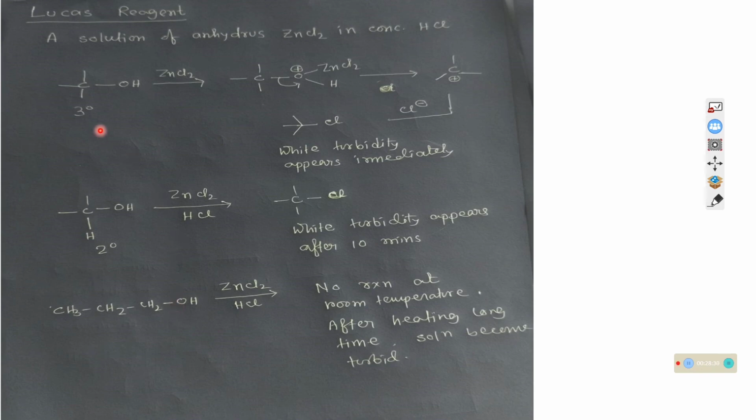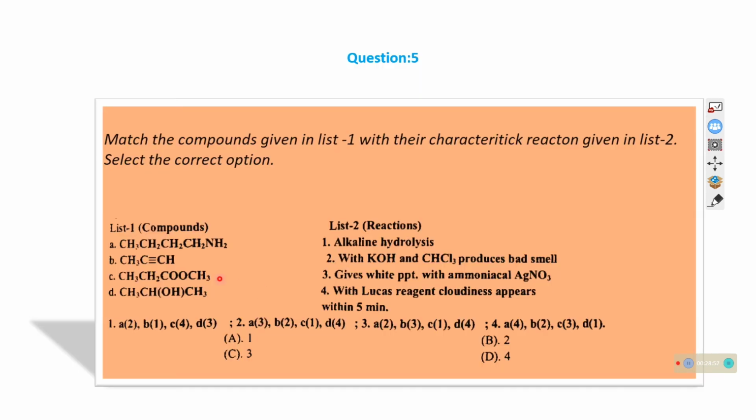So D, the secondary alcohol, matches with 4: with Lucas reagent, cloudiness appears within 5 to 10 minutes. So D matches with 4, A matches with 2.